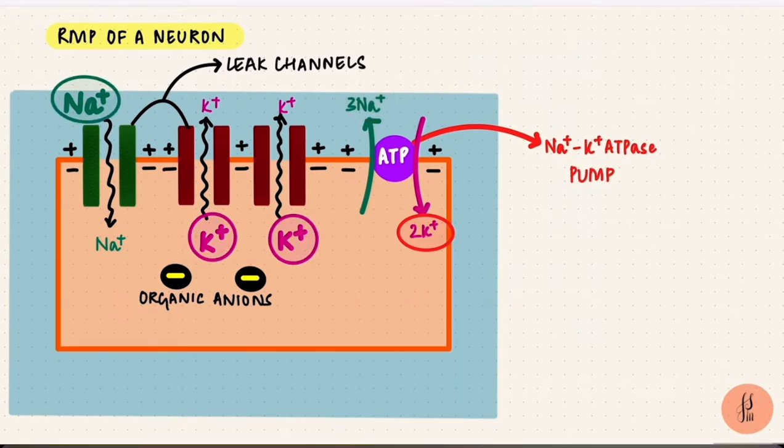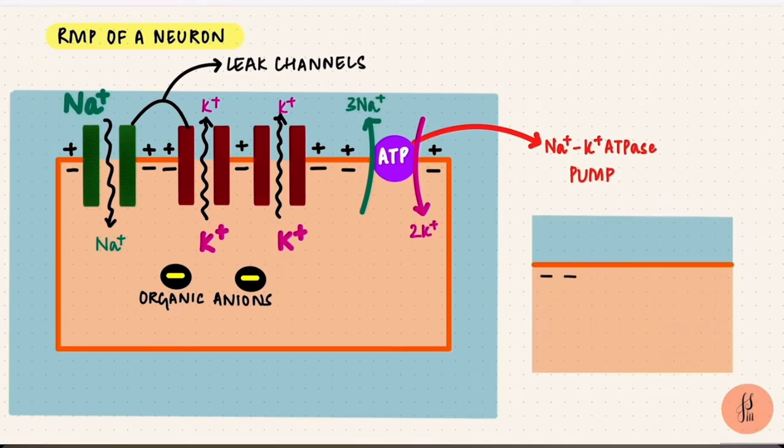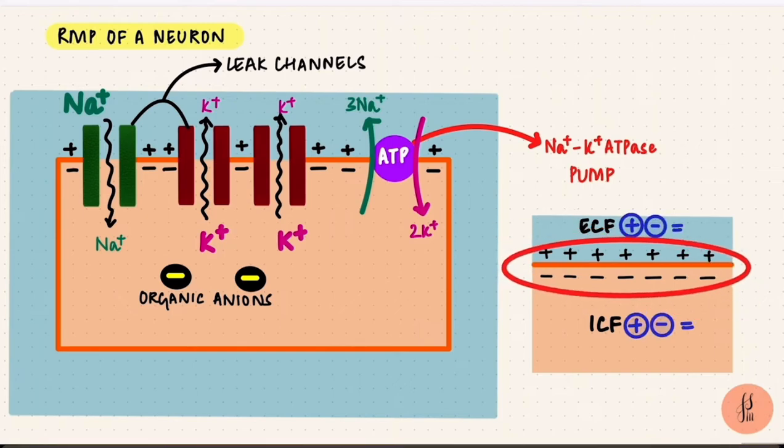Now, I've magnified it like this just to explain it, but the charge separation is actually happening just next to the membrane. It takes a very small amount of ions to create a potential difference. So overall, the intracellular and the extracellular compartments stay electrically neutral. This is just happening at the membrane.